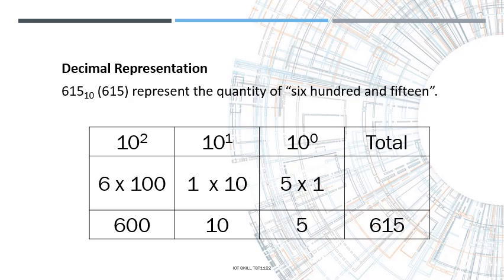Then 10 raised to power 1, which is 1 times 10. And 10 raised to power 2, which is 6 times 100, 600. So 600 plus 10 plus 5, the total is 615.